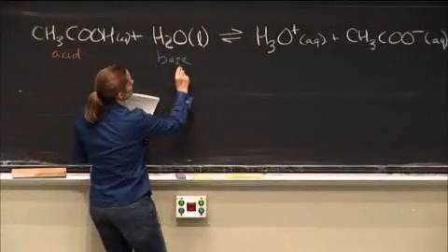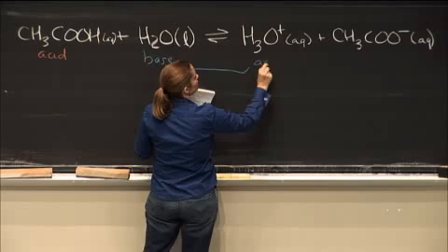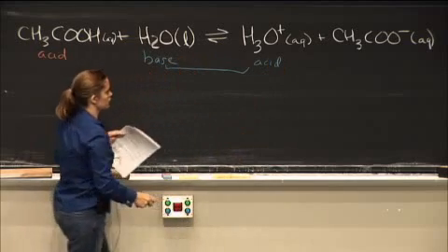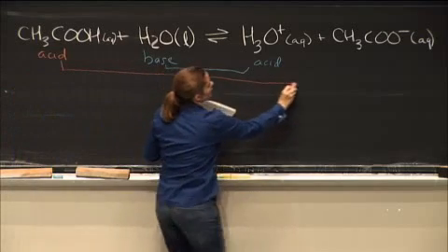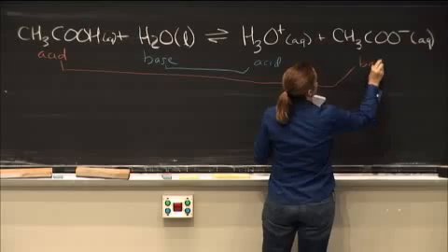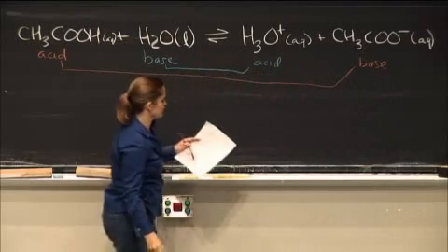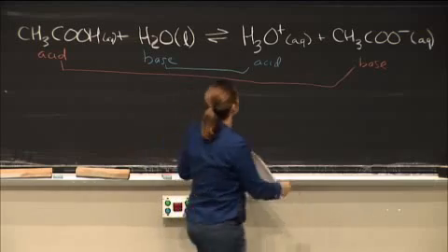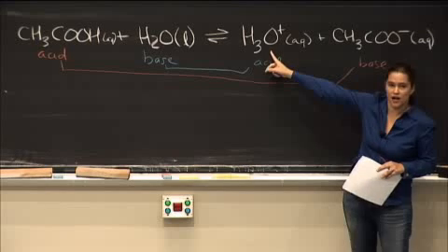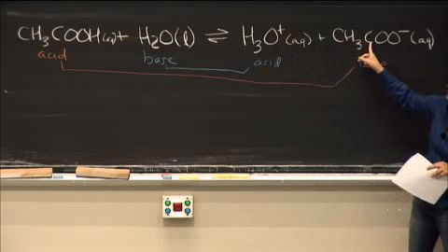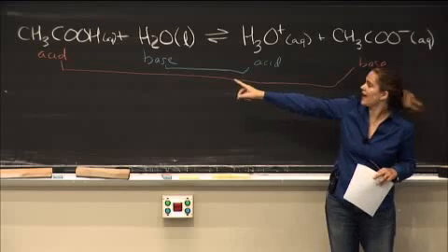And when it accepts the hydrogen ion, it becomes an acid in the reverse direction, whereas when the acid gives off the hydrogen ion, it becomes a base in the reverse direction. So in the reverse direction, hydronium ion is giving off a hydrogen ion to this base, reforming the acid.